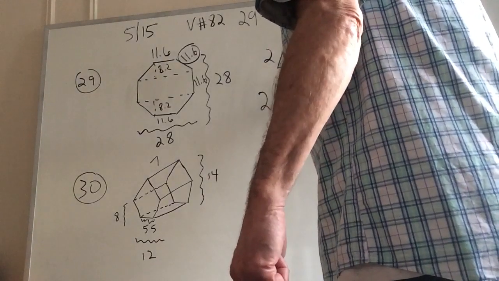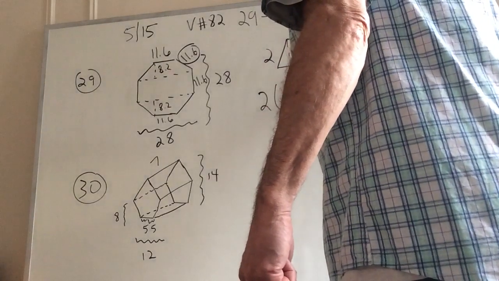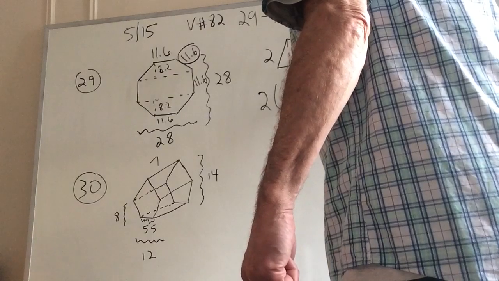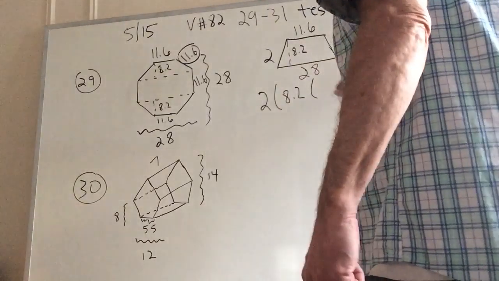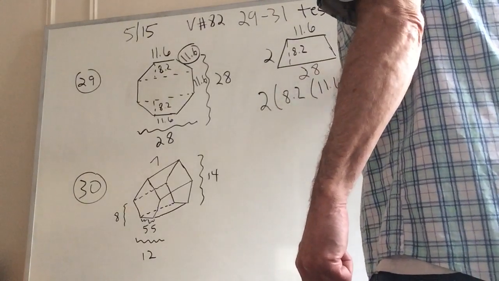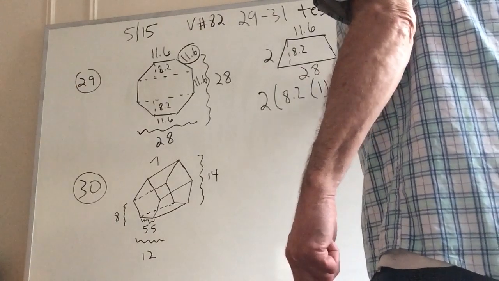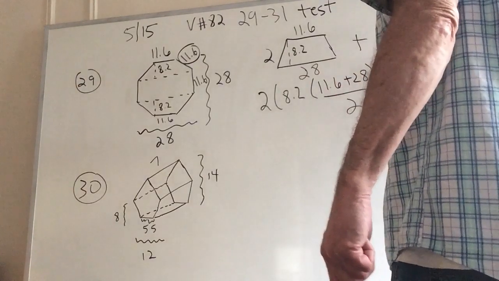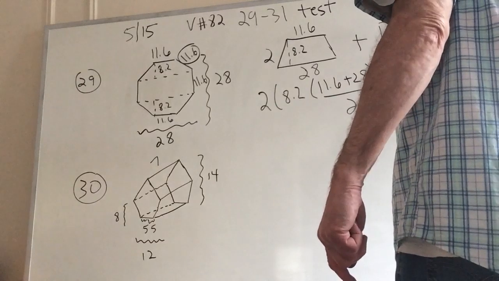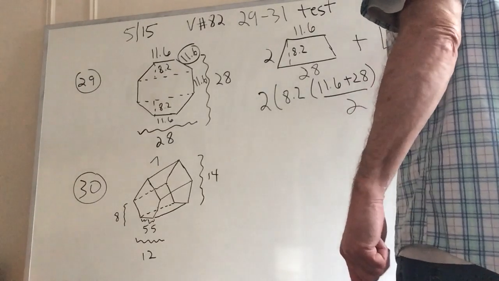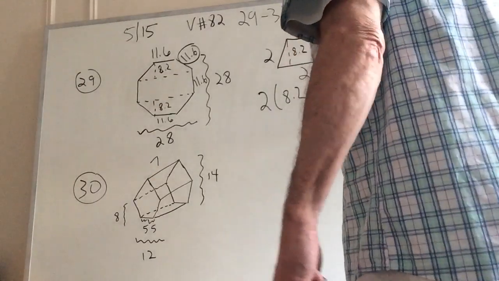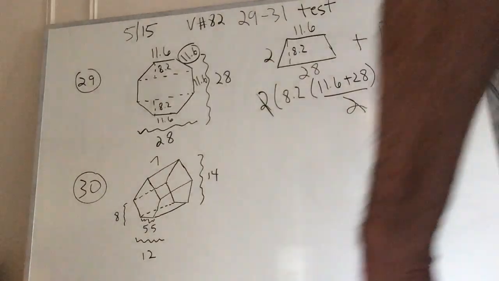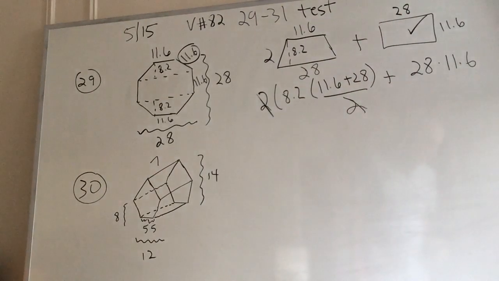The height is 8.2. And we're multiplying that by 11.6 plus 28 divided by 2. And then we're adding 28 times 11.6, so that's the area here, twice the area there. There's the cancel, and so you should be easily able to do this.